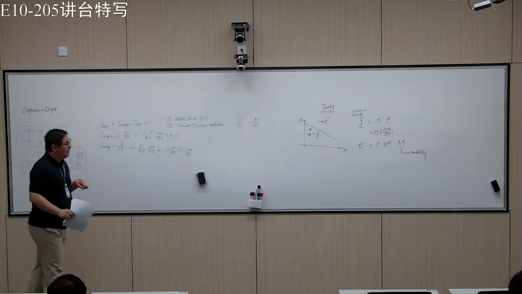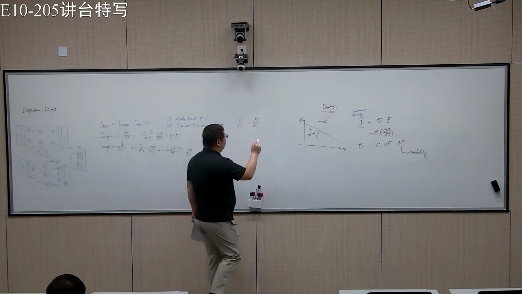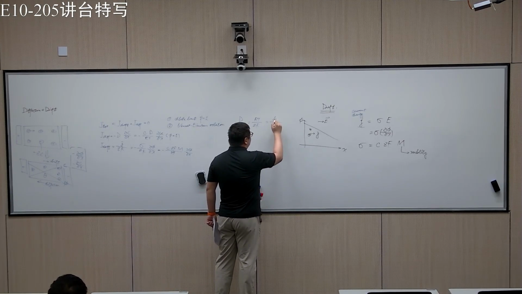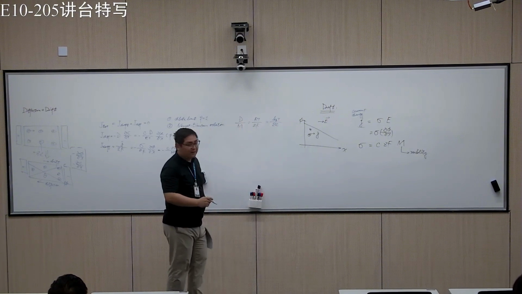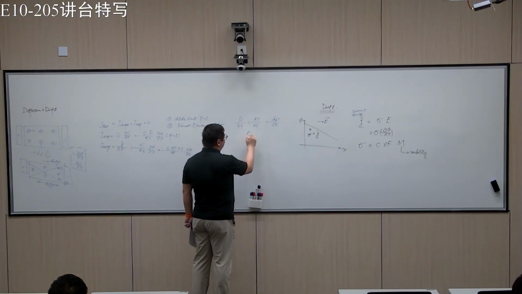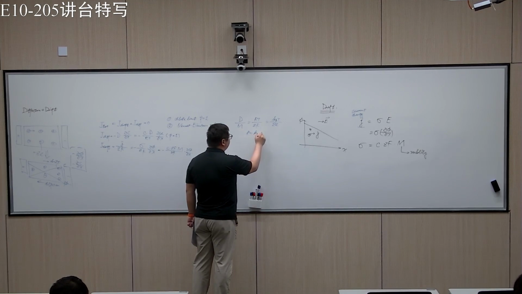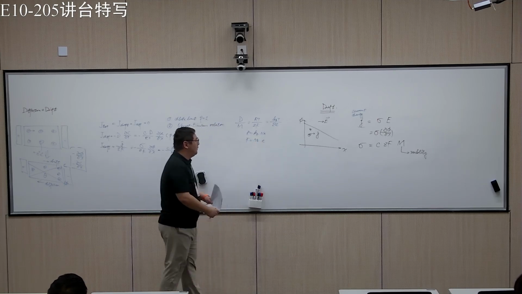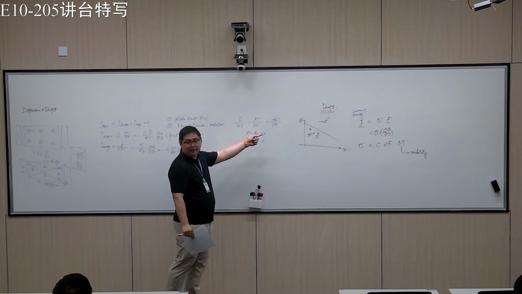Of course, what you often see is also kBT over Ze. Why is that the case? Remember, R is kB times the Avogadro constant, and F is the Avogadro constant times e. So the Avogadro constant cancels out.